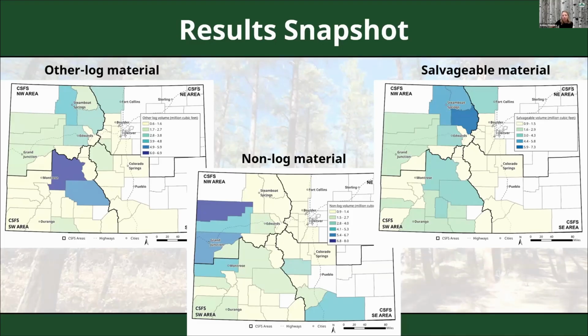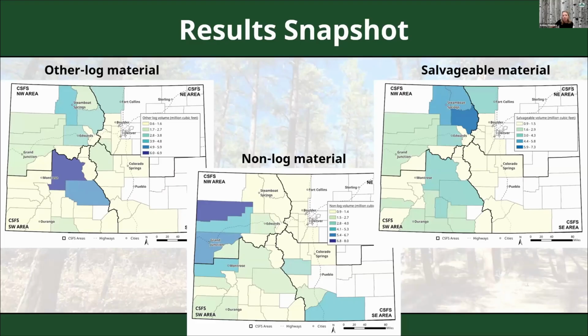So, for example, the other log material, again, smaller diameter volume, is high in Gunnison and Saguache counties in the southwest part of the state. Those areas have a lot of spruce and pine forests.